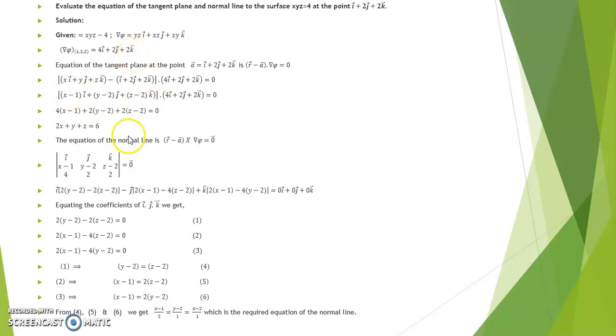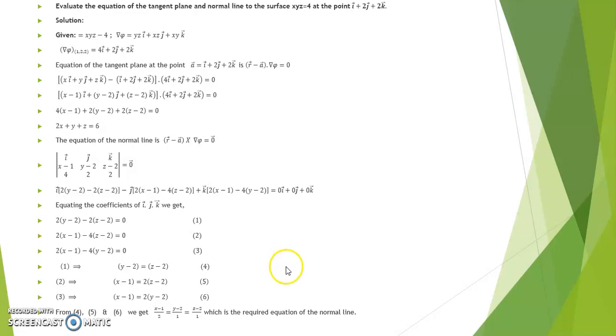So taking the dot product and equating, I get the equation of the tangent, right? If I take the dot product, it's going to be the equation of the tangent, and if I take the cross product, it's going to be the equation of the normal, because tangent and normal are perpendicular lines. So equating the i, j vector components, I'm getting the required equation of the normal plane, right?